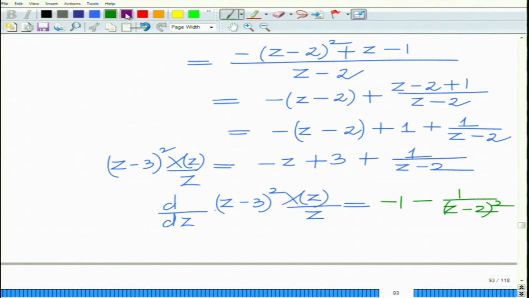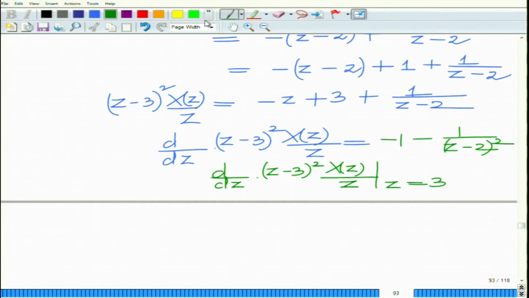This derivative has to be evaluated at z equal to 3. So, that will be minus 1 over z minus 2 square, minus 1 minus 1, that is equal to minus 2. So, what we have is lambda 1 equals minus 2.